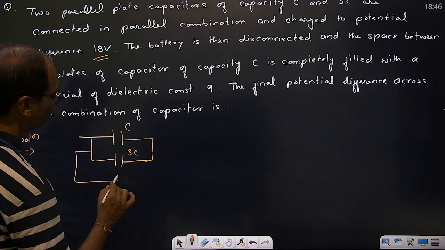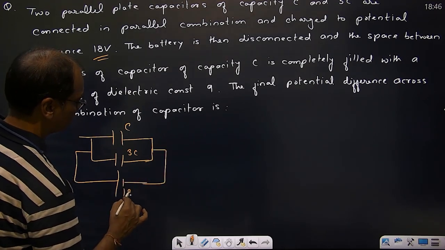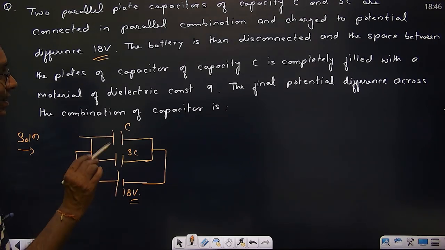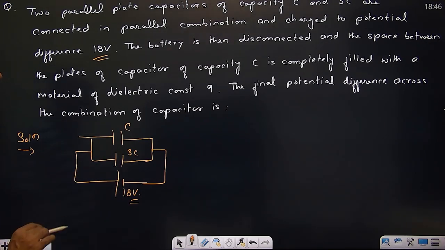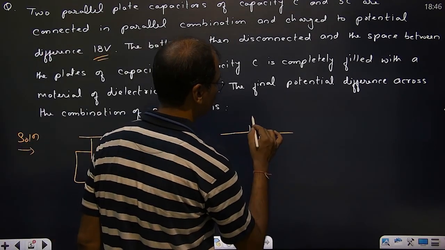You have connected them with a battery of 18 volt. Now the battery is then disconnected, and the space between the plates of the capacitor of capacity C is completely filled with a material of dielectric constant 9.